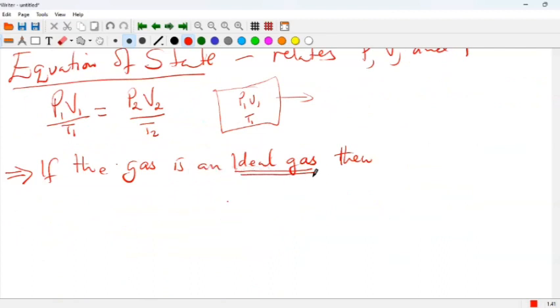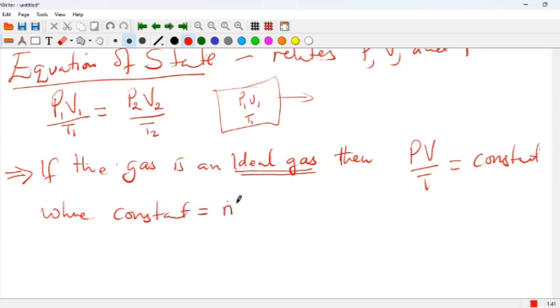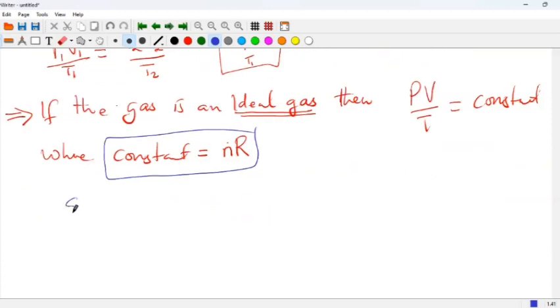If the gas is an ideal gas, then PV over T is equal to a constant, where this constant is equal to the number of moles times the ideal gas constant. So that for an ideal gas, PV is equal to nRT.